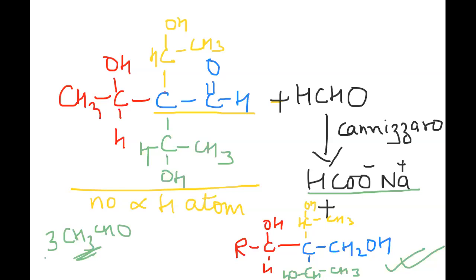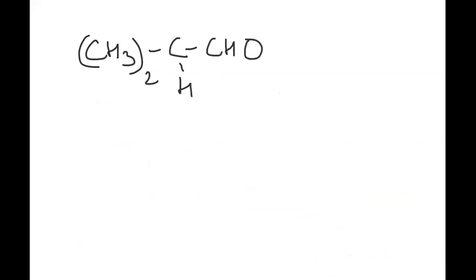Sometimes you can also have compounds like, just the last bit, let me show you in black. You can have a compound like (CH3)2C, and it is just containing 1 hydrogen, and this is the CHO. This will be able to show only one nucleophile attack, and the compound obtained in this case is going to be (CH3)2C.